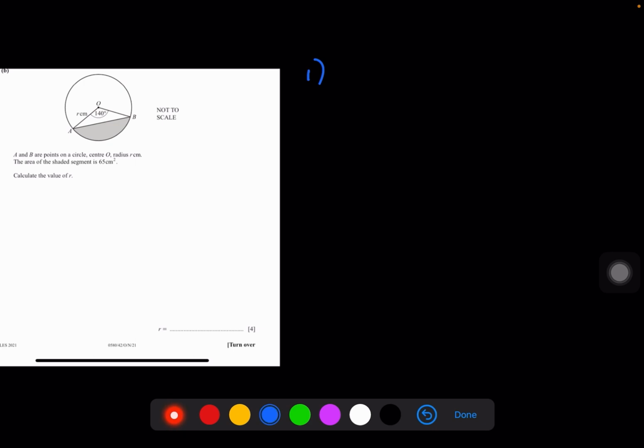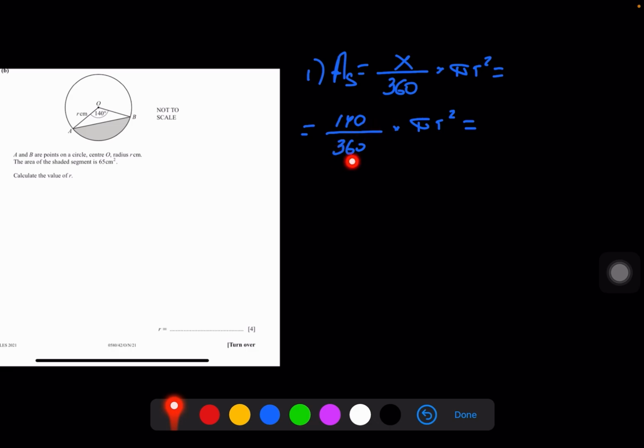The sector's area formula is A_S equals central angle divided by 360 multiplied by pi r squared. The central angle is 140 here, over 360 multiplied by pi r squared. If we calculate this one, approximately we will find 1.222 r squared. This is the first part.